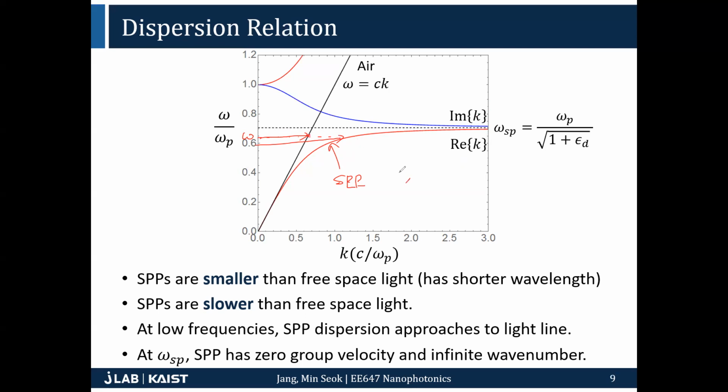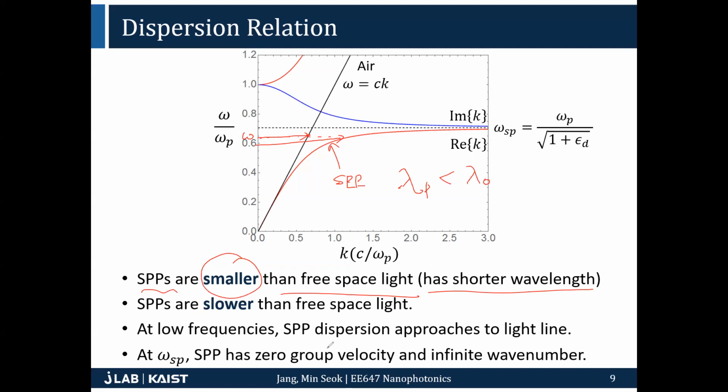Which means its wavelength is always shorter than the free space wavelength. So in that sense, surface plasmons are smaller than the free space light, which means it has a shorter wavelength. And it's a very important property. You can learn later on.